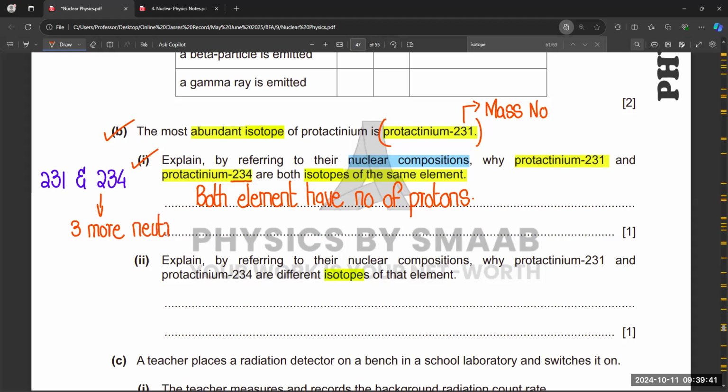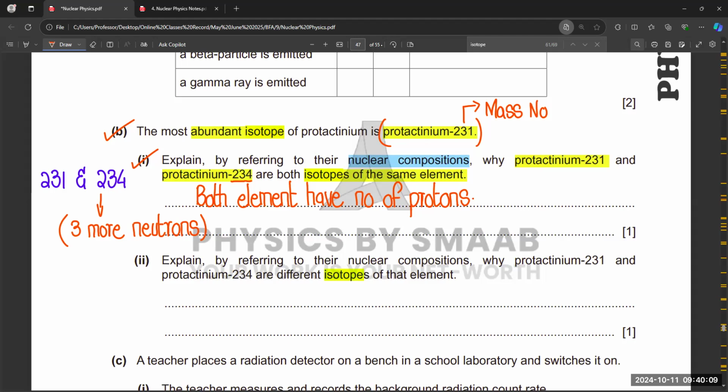Because we know the definition of isotope, that in isotopes the number of protons remains the same. So in 231 and in 234, the proton number remains the same, but only the number of neutrons changes. Otherwise, all the quantities of protons remain the same.